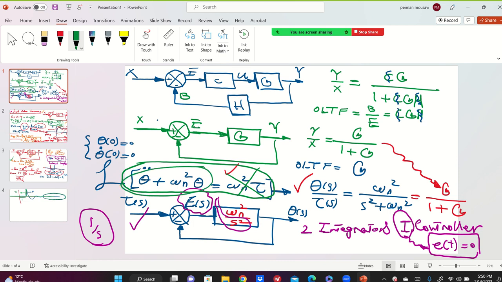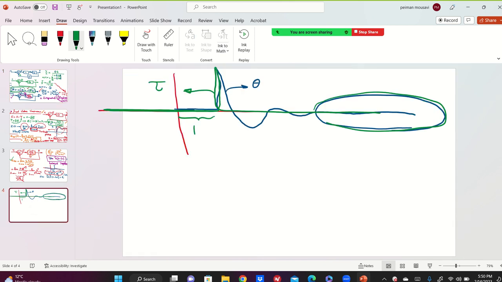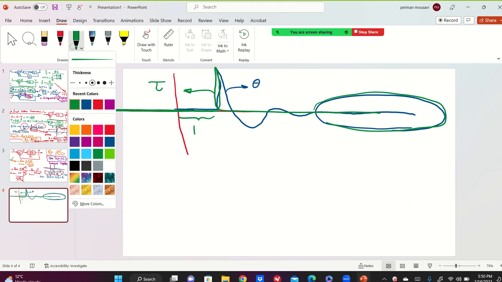So how does the system behave in the pendulum? Stable, unstable, or marginally stable? I taught you, it means physically it oscillates forever.